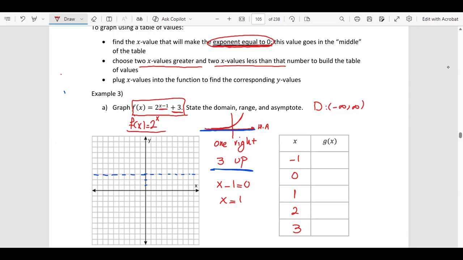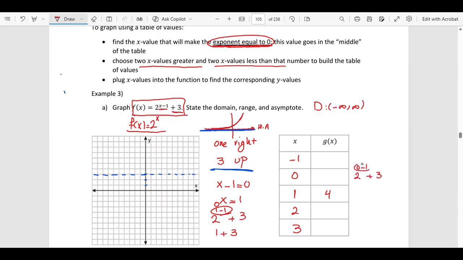If we replace the x by 1, which is the middle point, we get 1 minus 1, which is 0. 2 to the 0 power is 1, and 1 plus 3 is 4. If I replace the x by 0, I will get 2 to the 0 minus 1 plus 3.